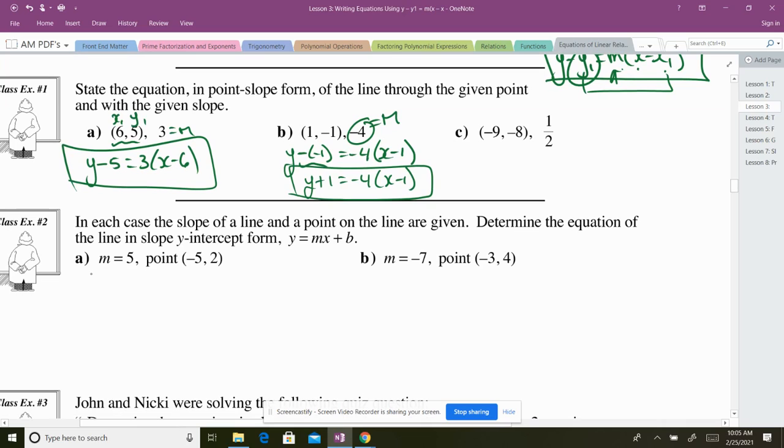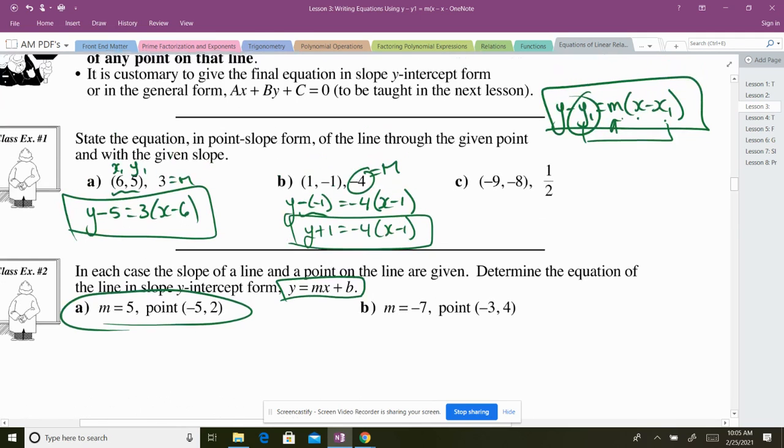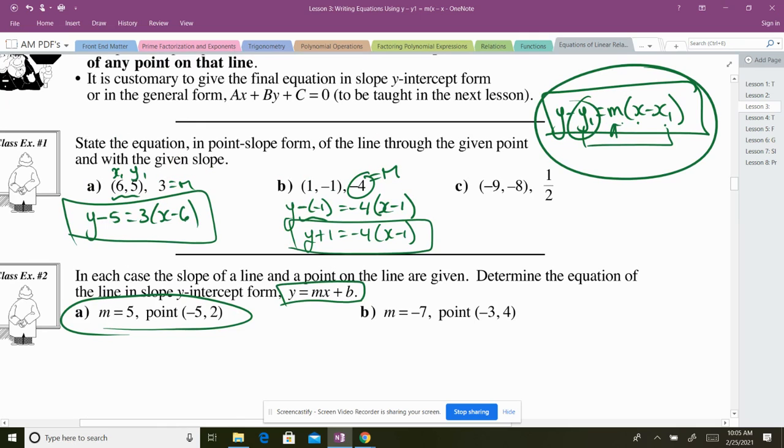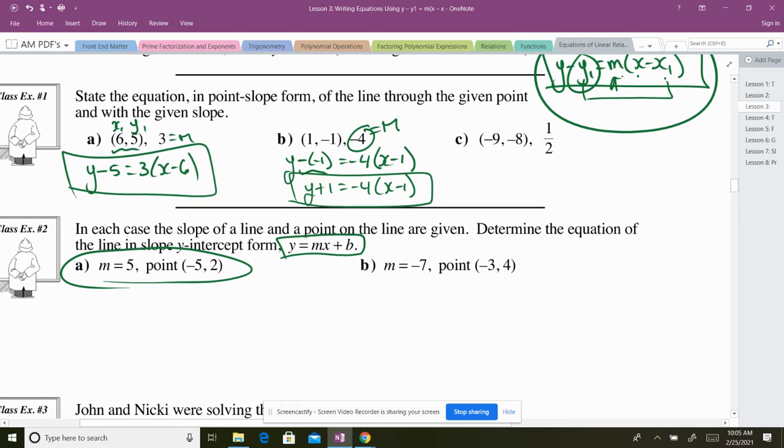Now, I want to do this. So now they give us the slope, they give us the point, but they want us to write it in this form. But because we don't know the y-intercept, we need to use this first. So we go, okay, here is our point-slope form. What do I write here?